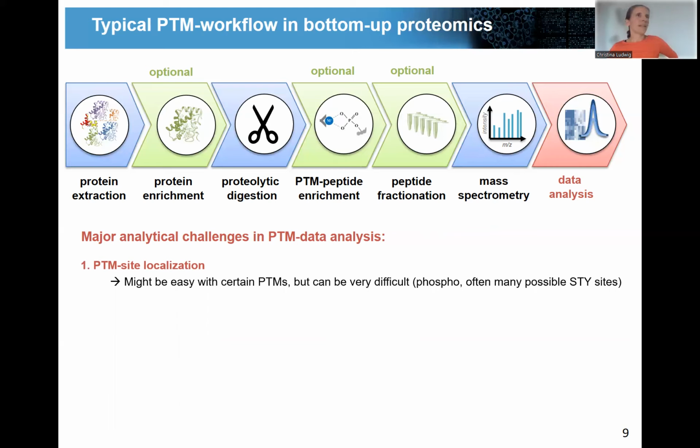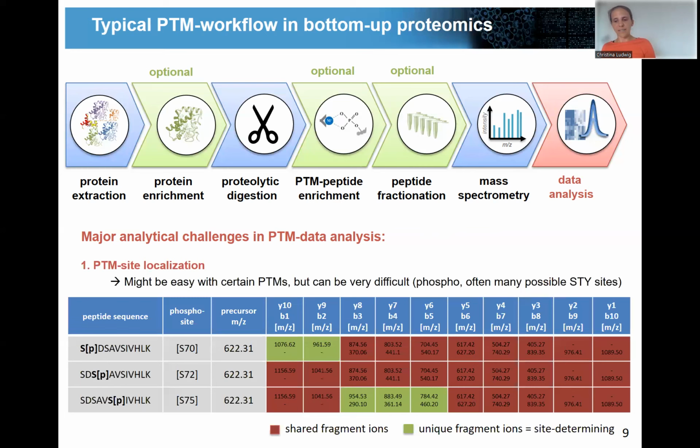For some PTMs, this might be very easy because maybe there's just one single amino acid in a peptide sequence that can carry this PTM, and it's more or less clear. But for other PTMs, this can be a real issue. The prime example here is often phosphorylation. Phosphorylation can occur on serine, threonine, tyrosine, and most peptides that exist in nature carry several serines, threonines, or tyrosines.